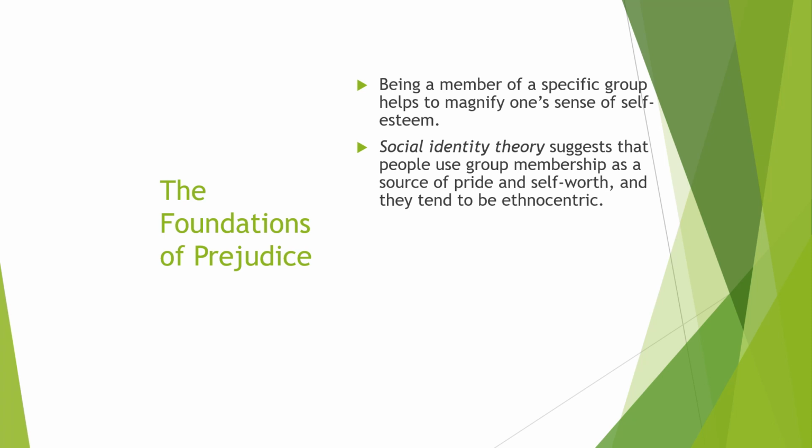Social identity theory suggests that people use group membership as a source of pride and self-worth, and they tend to be ethnocentric about it. They use part of that group to make them feel more proud of themselves.